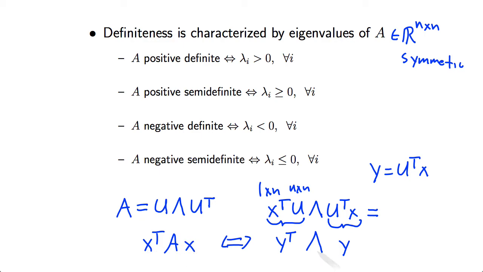But because lambda is a diagonal matrix, this is equal to just the sum from i equals 1 to n of lambda i times yi squared. So this whole term here has to be positive if all the lambda i terms are also positive. And that shows that if these lambdas, the eigenvalues of A, are all greater than 0, this product here will always be greater than 0, and so A is positive definite.